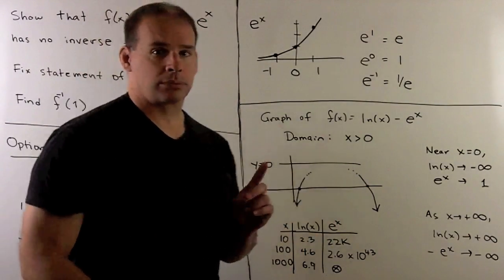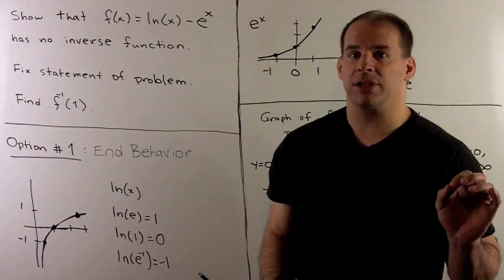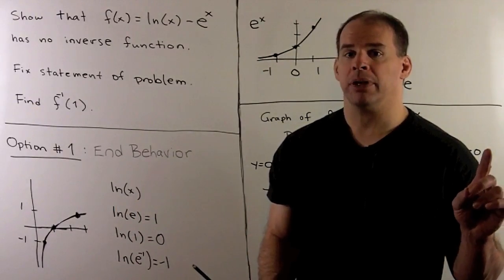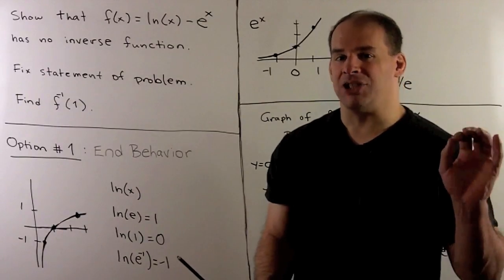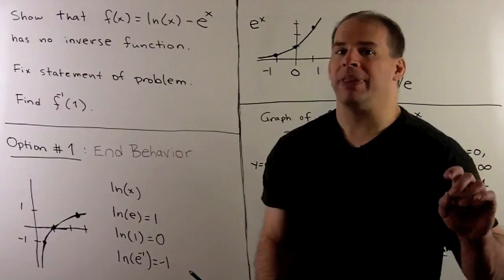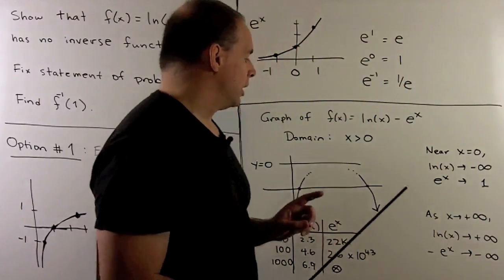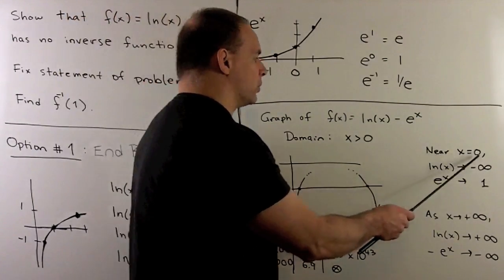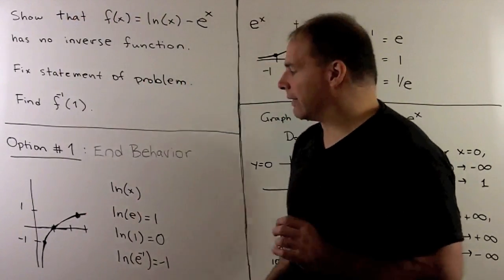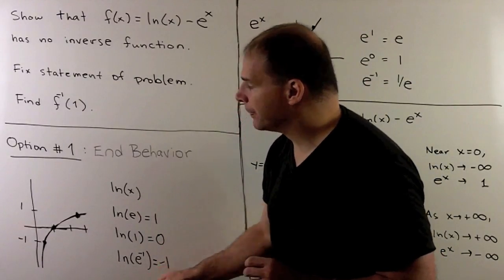Now, to show that we fail the horizontal line test, we have options. If you feel good about end behavior, you don't need the whole graph. I just need to check what's happening near 0 and as we go out to plus infinity. Near x equals 0, for natural log of x, we have a vertical asymptote going to minus infinity.